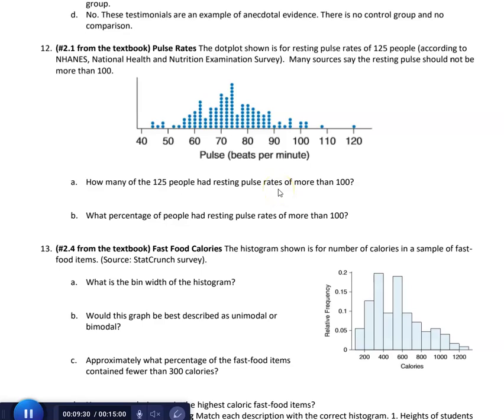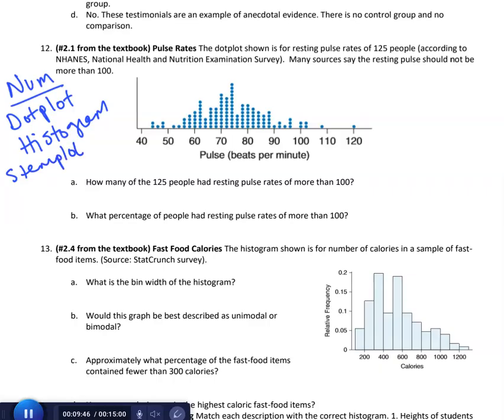That's going to also be very important later on in the semester when we get to our project. So make sure you remember that when we're dealing with numerical data, we either use a dot plot or a histogram. And I don't remember in the video, I might have mentioned something called a stem plot. I can't remember. Stem plots are a little bit hard to analyze, so we don't use them quite as often.